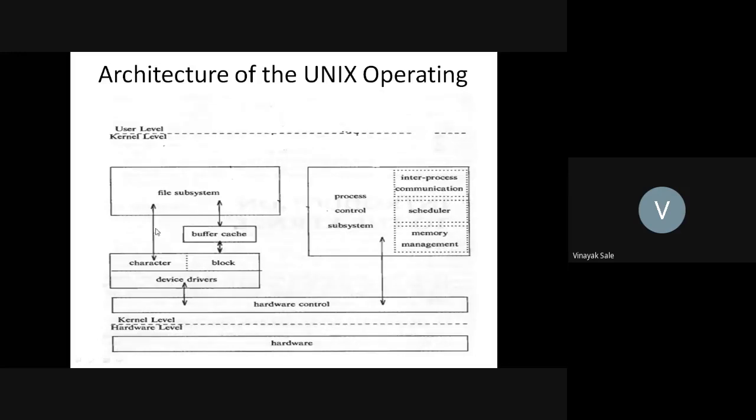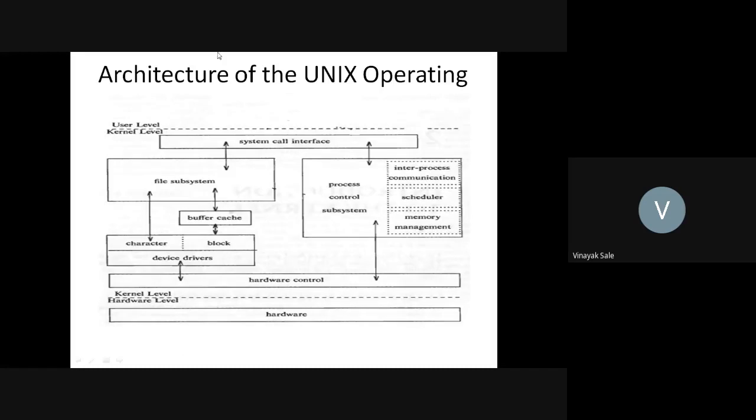All these parts are in the kernel level. These file subsystem and process control subsystems are connected to the system call interface. In that there are different commands or system calls, such as date, calendar, wc, which we have seen.